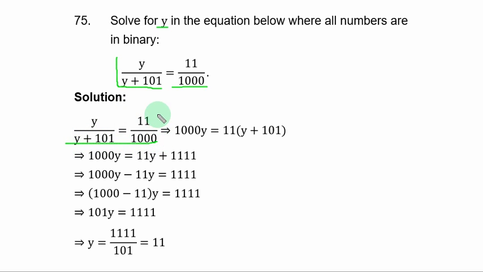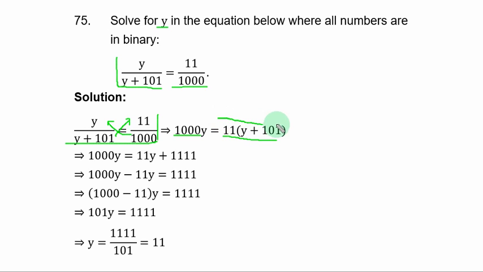What we do here is to clear the fractions from the setting of the equation. The best approach is to cross multiply in this form. So you have y times 1000, you have it in this form. Then 11 times y plus 101.